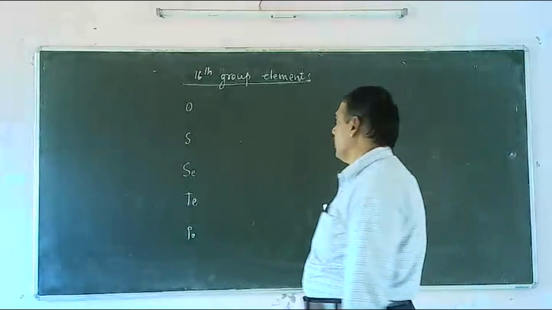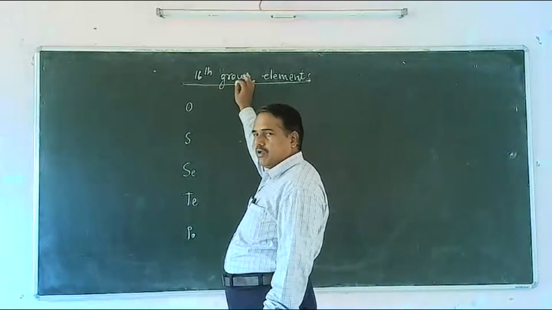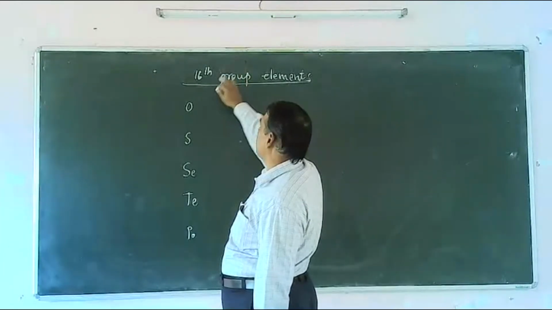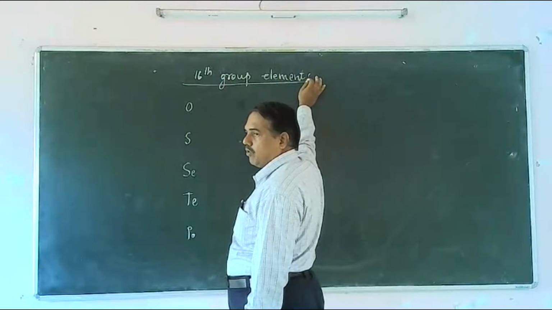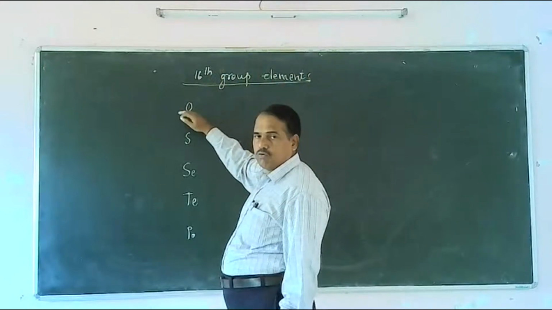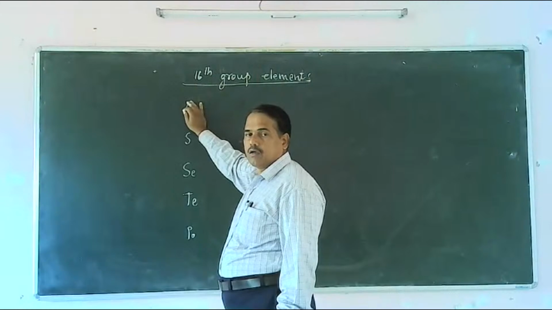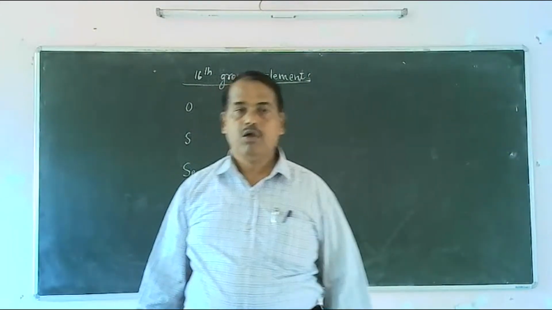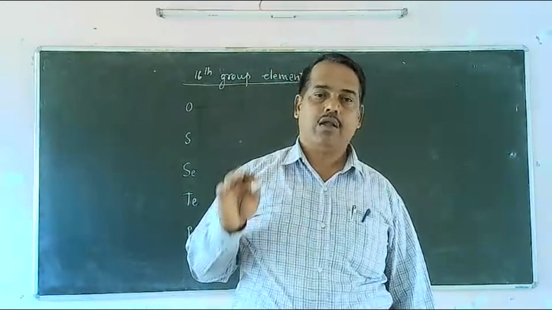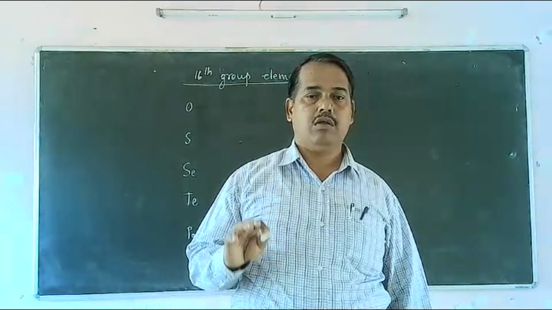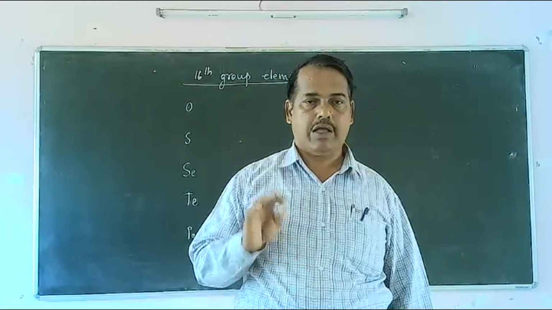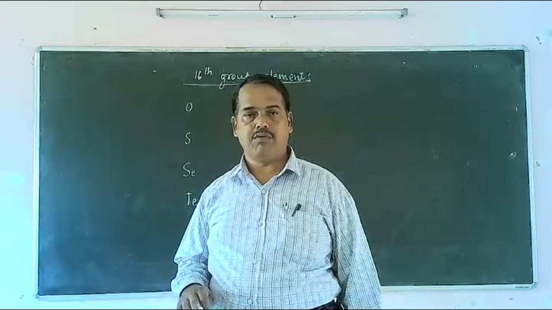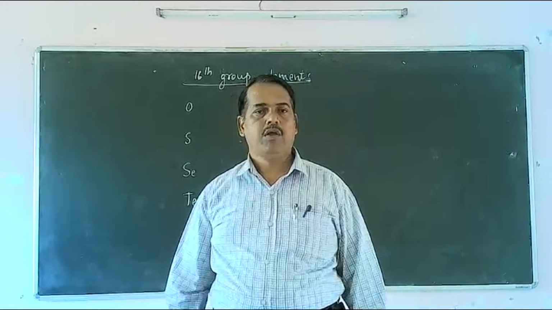Are you clear? Okay. These 16 group elements are also called chalcogens, and as it is nearer to 18 group, it can easily receive 2 electrons and can attain noble gas configuration. So therefore, their general chemical trends like electronegativity, electron gain enthalpy, ionization enthalpy, we shall discuss now.